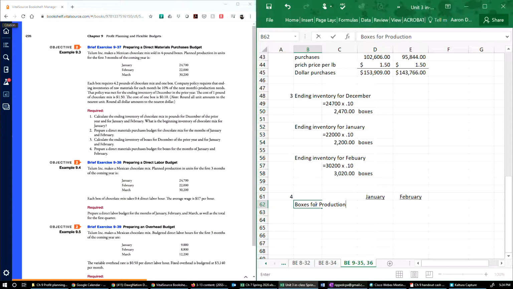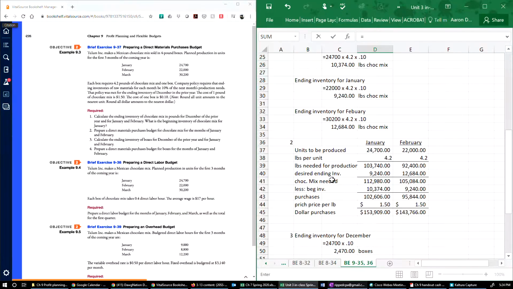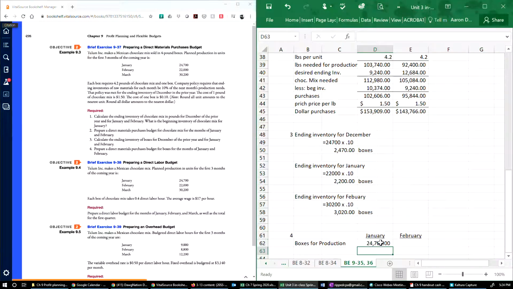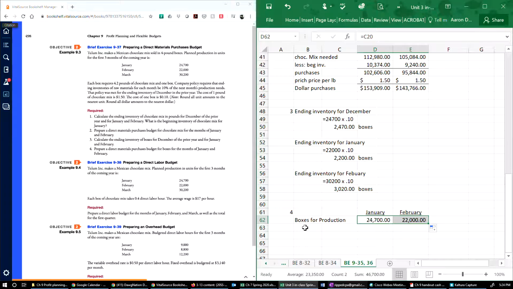So we'll just start with that step. And then we can add desired ending inventory, which we just computed.